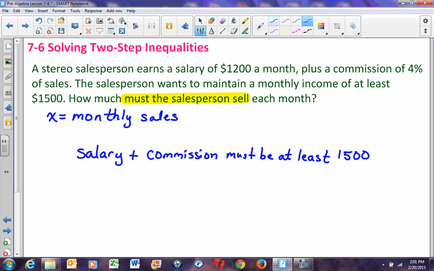The salary the salesperson makes is $1,200, plus the commission is 4% of all the sales. So change 4% to a decimal. Remember, 4% as a decimal is equal to 0.04. So we'll take 0.04 times how much dollar amount he sells. At least means greater than or equal to 1,500. So there's our equation. 1,200 plus 0.04x is greater than or equal to 1,500.